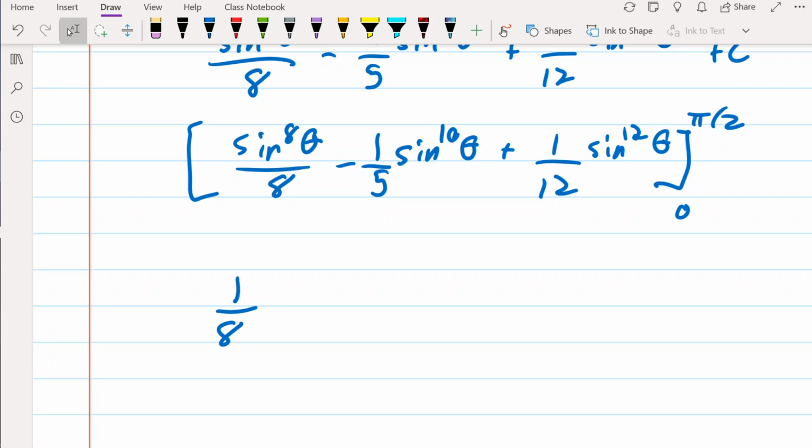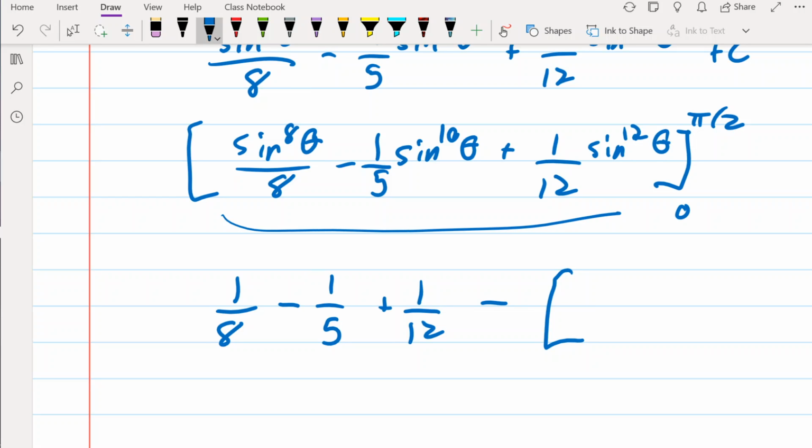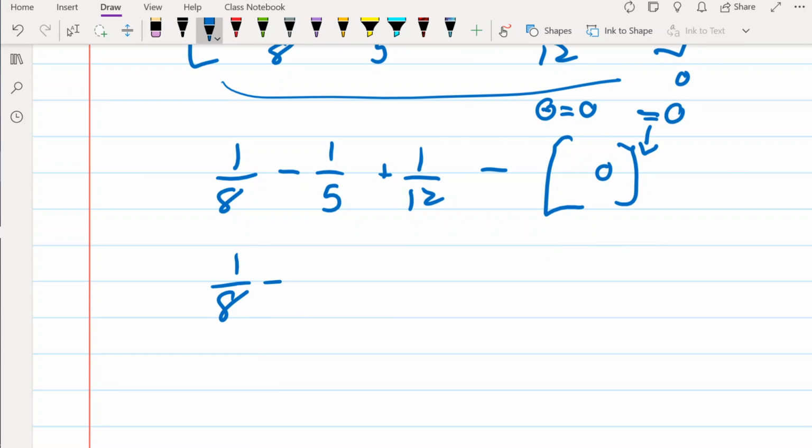So it'll be 1 over 8 minus 1 over 5 plus 1 over 12, minus, and sine of 0 is 0. So all of these, when theta equals 0, will equal 0. So we'll just put that there: 1 over 8 minus 1 over 5 plus 1 over 12.